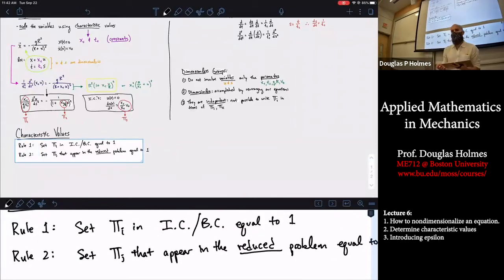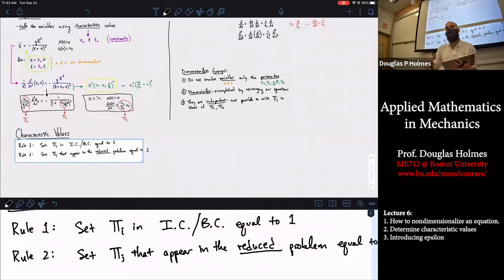What this one means is, imagine that one of your dimensionless groups is small or large, or that you know that in some limit it could be neglected.